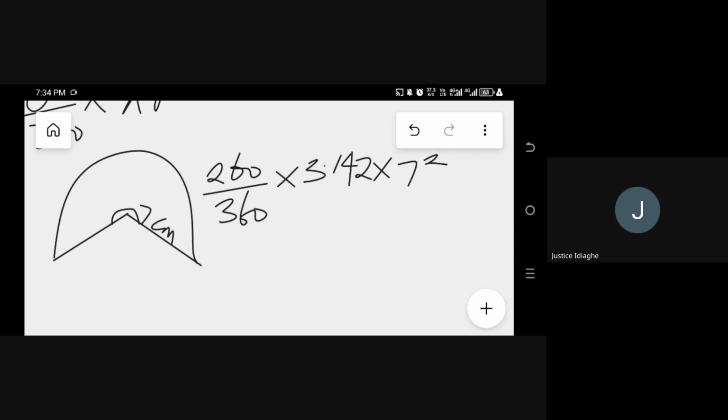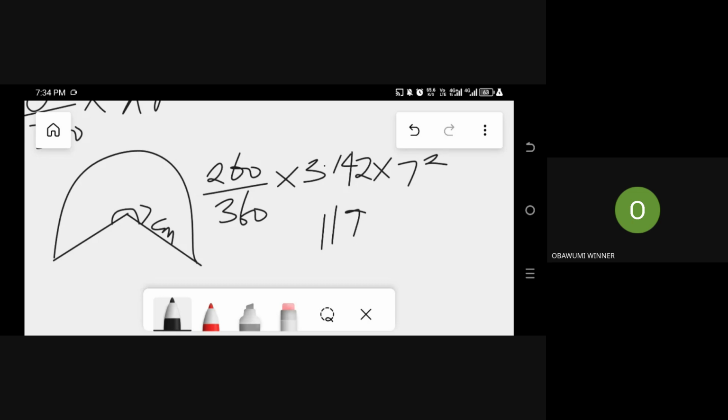Multiply the numerator, divide by 360. What's the result? 111.19. Okay, so we have 119.19. No, 119.2.